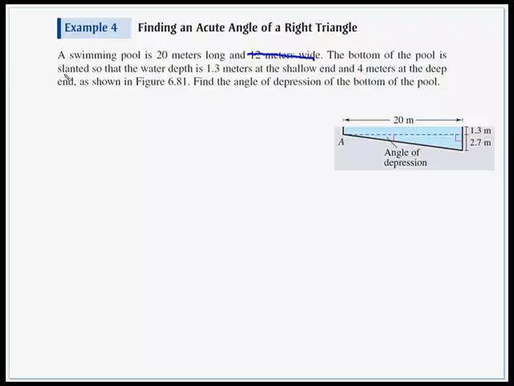Find the angle of depression to the bottom of the pool. So we are looking for, I'll use red here, this angle. We have the side opposite the angle that we're looking for, and we have the side that is adjacent.